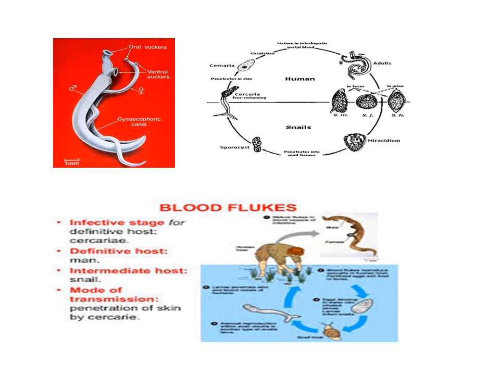It matures through its movement in the blood circulation, maturing in the venules that surround our GI tract or our urinary bladder, and can cause the disease called bilharziasis or schistosomiasis.